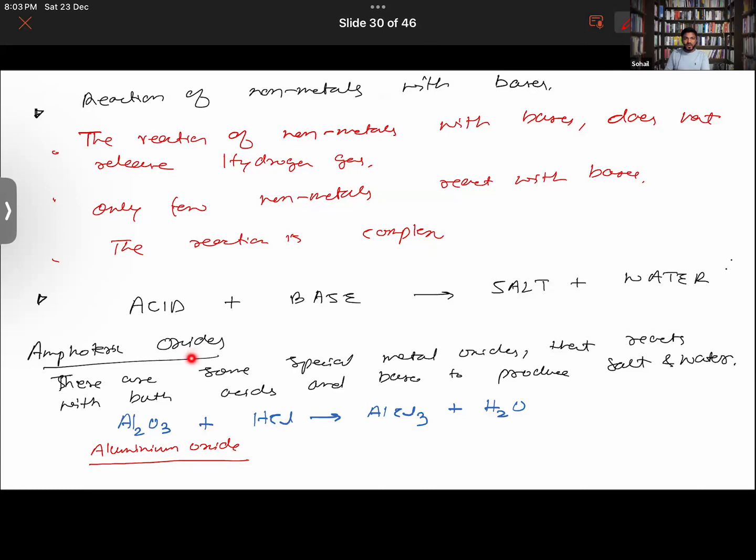Why? Because it will be reacting with acid here. In the next case we will see it reacting with a base also to give a salt and water. This is hydrochloric acid, and this is aluminium chloride, and that is water.